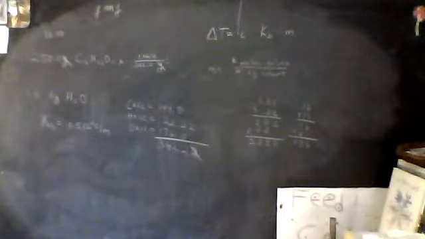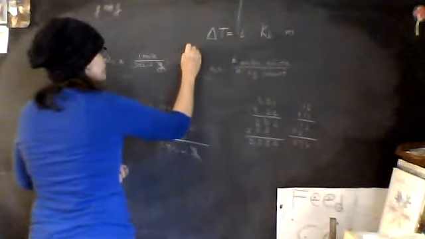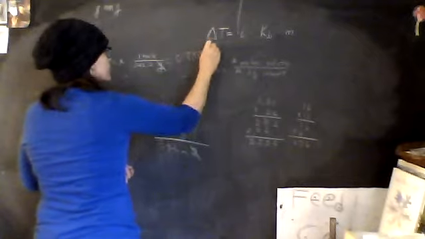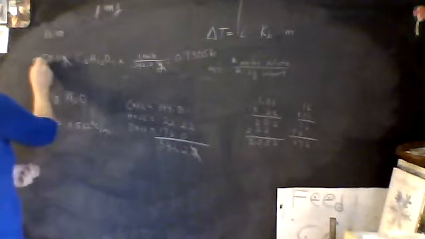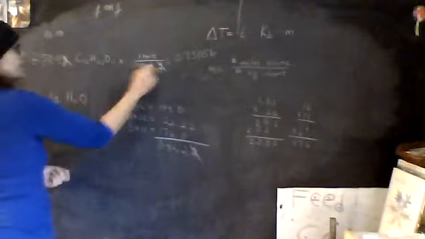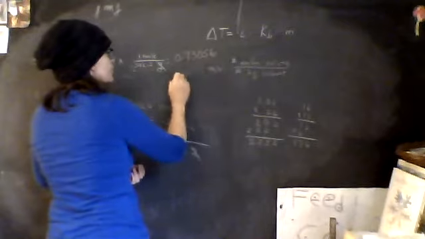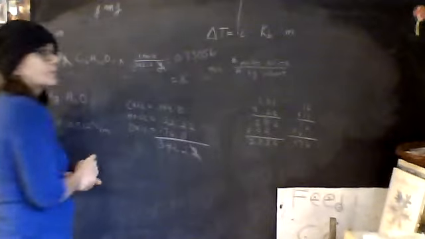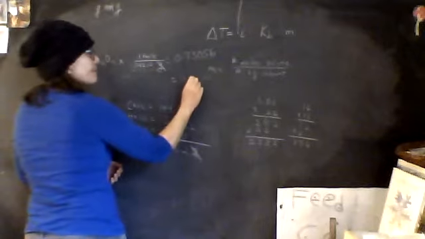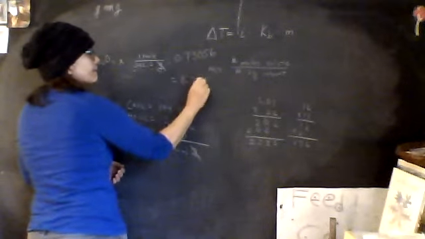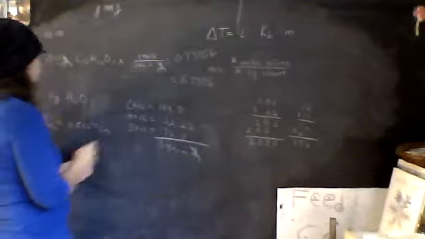Martin will use the calculator. 0.7305666919. Okay, so we have 4 significant digits and 4 significant digits, so we want 4 in our answer. We'll round that to 0.7306. And that's moles, right?